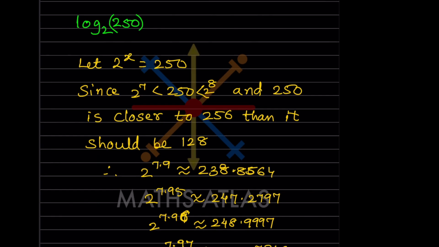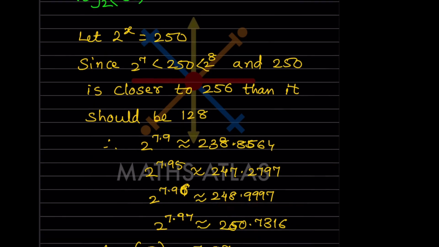If we take 2 raised to 7.94, that will be approximately 246. Again, if we take 7.96, that will be 248. If we take 7.97, that is going to be 250.70, which is crossing 250.